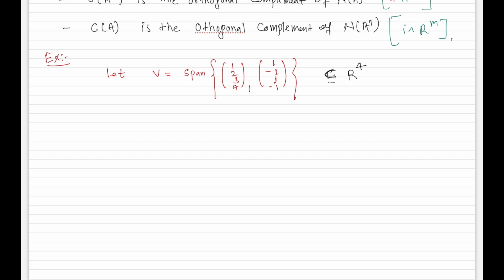So you have to find the basis for the orthogonal complement subspace, or you can say V perp. Find the basis for the orthogonal complement V perp, right?